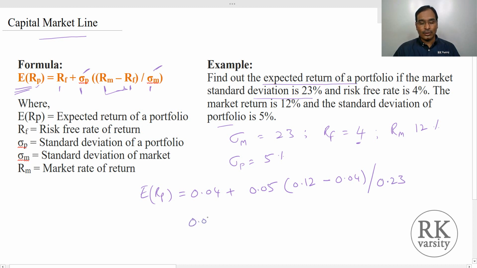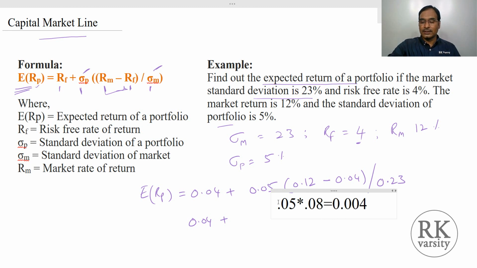So that means 0.04 plus, 0.12 minus 0.04 is 0.08. So you will have 0.05 times 0.08, which is 0.004, divided by 0.23.